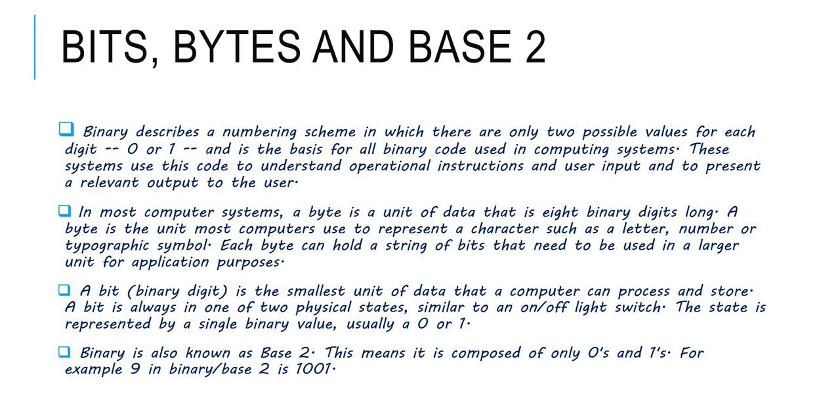Now we use a number system that is called decimal. Decimals are simple numbers like 1, 2, 3, 4, 5, 6, 7, 8, 9. Decimal is also called base 10.